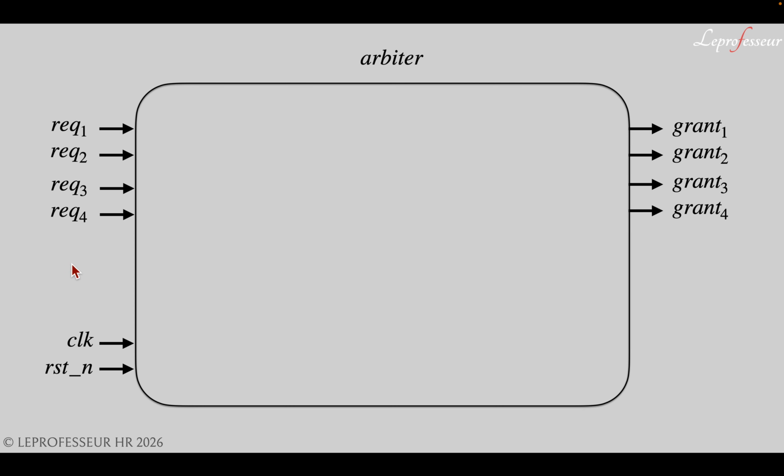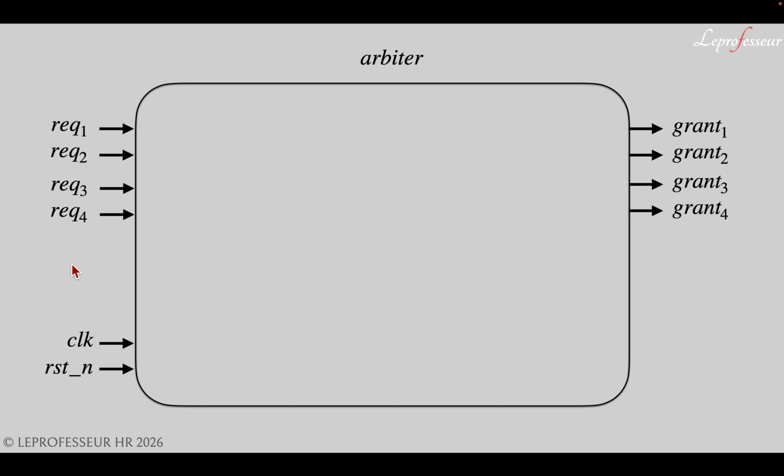Nowadays you're hearing about AI accelerator development, and in all those applications, you have multiple agents who are trying to get access to a resource that can be a memory controller unit or a bus access.